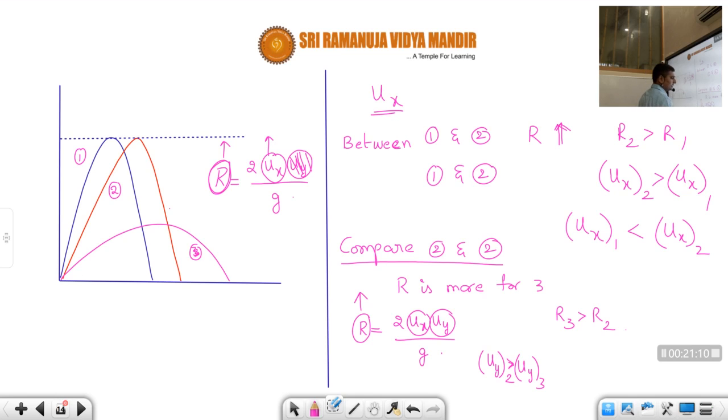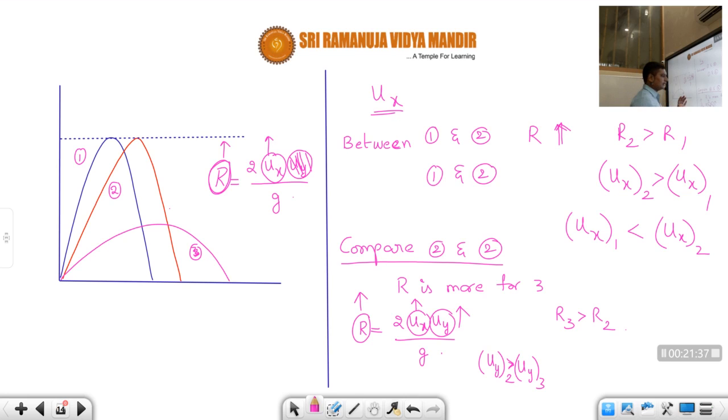And from the previous relation we got, Uy of 2 is greater than Uy of 3. That means Uy of 3 is less. As you are going from 2 to 3, the y component is decreasing. So y component is decreasing means x component should increase.